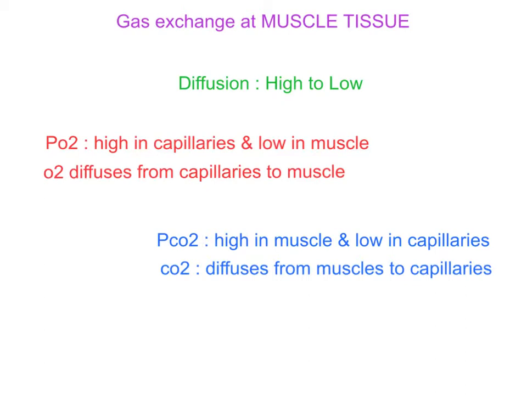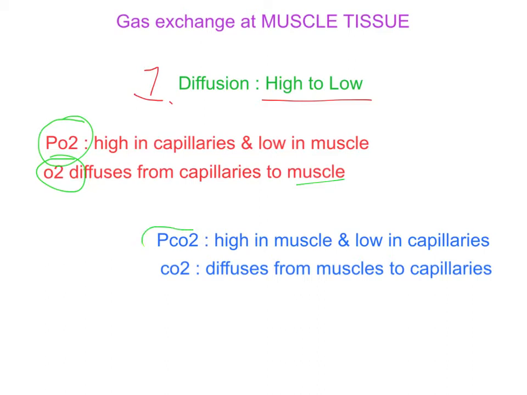So just putting that into an exam answer. Again, talk about number 1, diffusion. So mention your high to low, and then secondly, your pressure of oxygen, where it's high and low, and therefore that oxygen diffuses into the muscle.